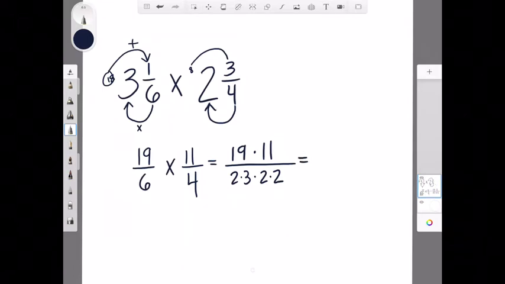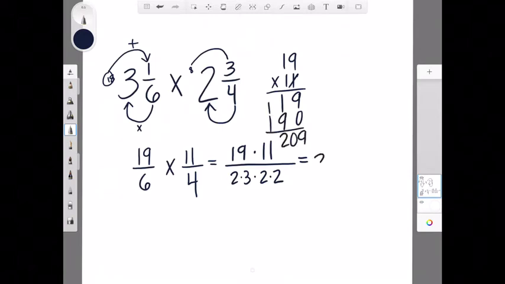So we're going to take 19 times 11, and 19 times 11 is 209. And since we didn't cross anything off, we know this is 6 times 4, and that is 24.